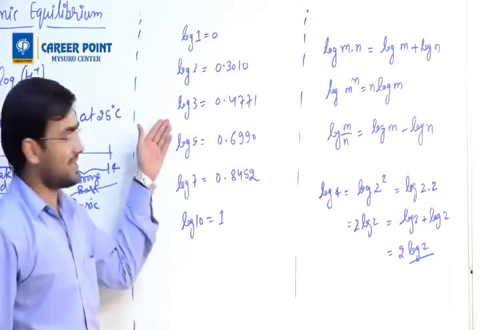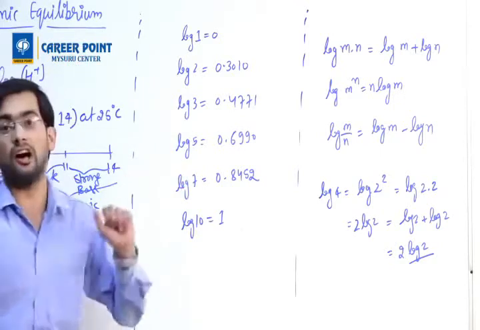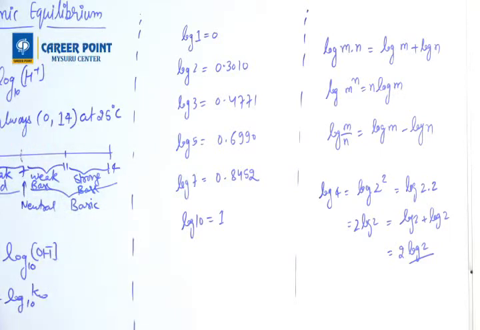So 4 is missing. 6 is missing. Log 6. How do I find log 6? Tell me. How will you be able to find log 6?